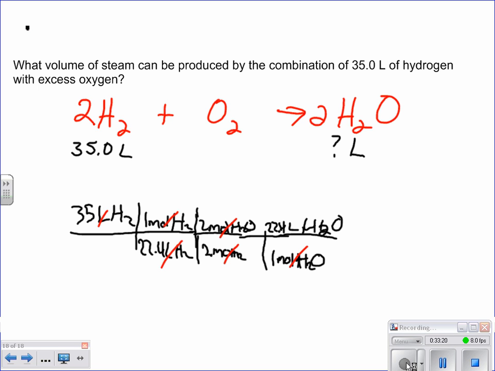And then we also notice, and this will take place every time you go from liters to liters, don't be freaked out, that your 22.4 is also going to cancel. That's it. So now you people without calculators, what's your final answer? 35, that's it. So 35.0 liters of H2O. You guys are done.